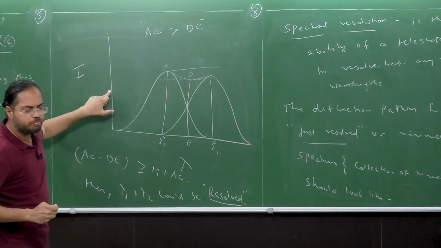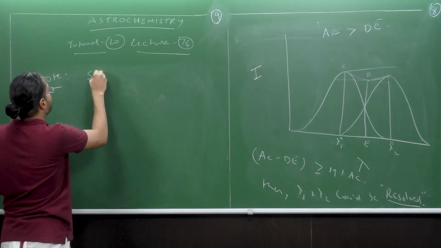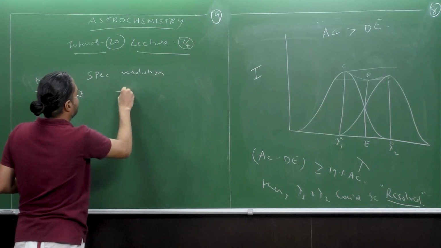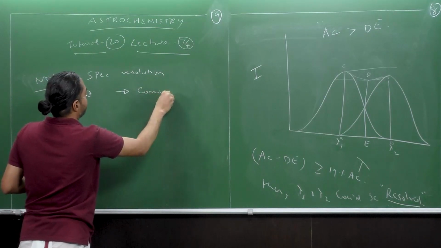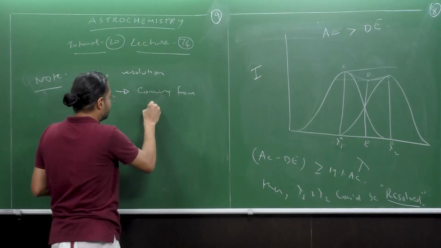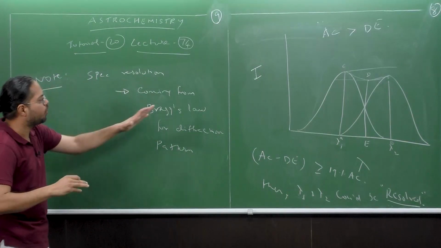And where is this coming from? Spectral resolution is coming from Bragg's law for the diffraction pattern. I'll just tell you where it is coming from. I won't go into the details.